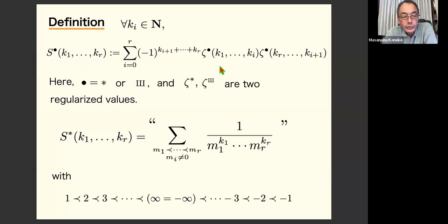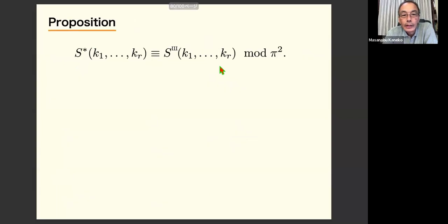Anyway, there are two versions of this capital S bullet, S-star and S-sha. And we can show, by using the relation of the two regularizations, that these values are in general different, but they are the same modulo pi squared in the ring generated by classical MZVs.